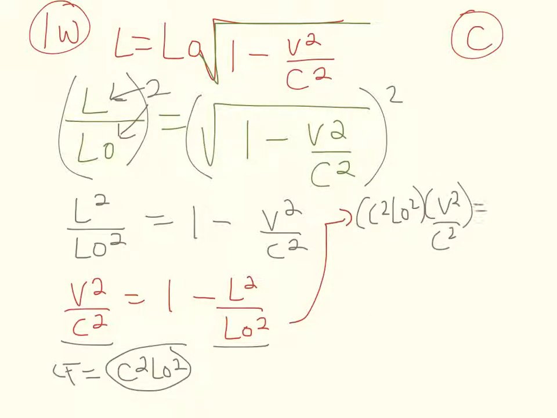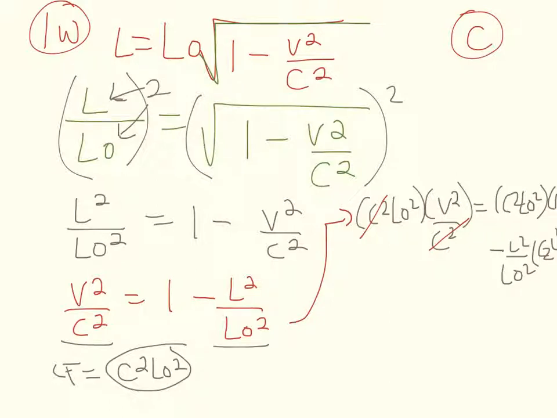So that we have things canceling out. And I'm going to run out of space here because I write very big. So that's C squared multiplied by L naught squared, and then minus, we have L squared all over L naught squared, and we're multiplying that by the C squared L naught squared. So I apologize, I've run out of space there. But now our denominators should cancel out.